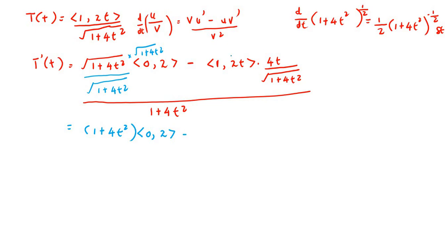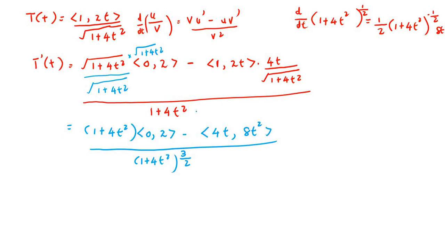So minus, this one you can expand: in total you have 4t i plus 2t times 4t, so it's 8t squared j. The square root is 1 plus 4t squared to the power half, divided again by power 1, so in total it is power 3 over 2.